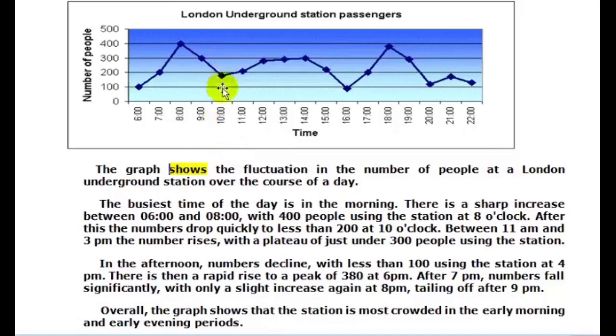So you see that over here we are at 10 o'clock, and this is less than 200, not exactly 200. This is just below the 200 people line, not exactly 200 people. That's why we mentioned less than 200 at 10 o'clock.